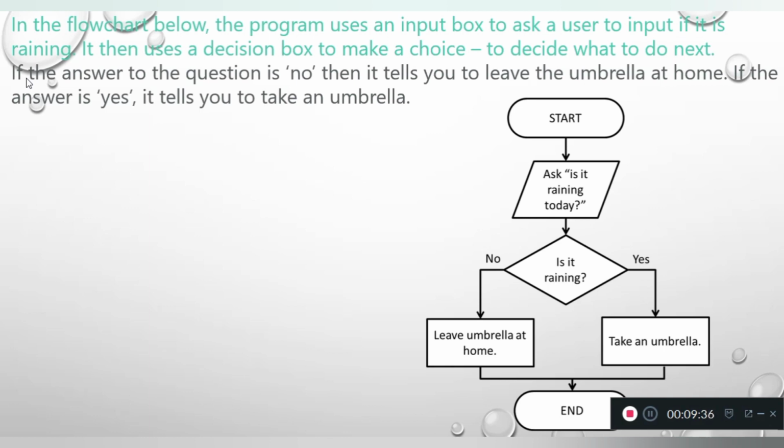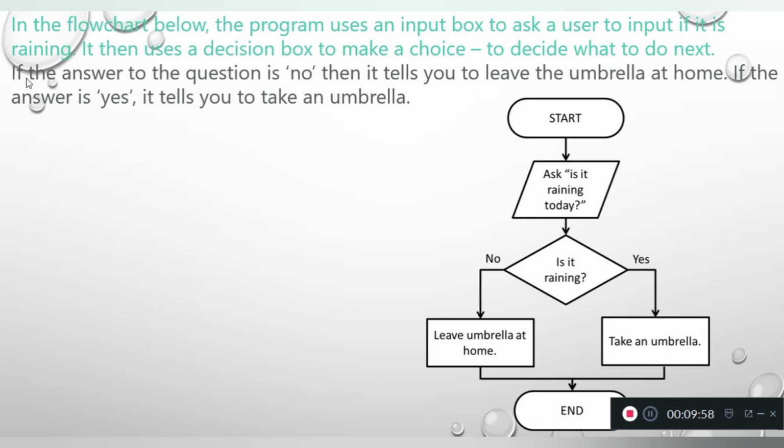Now it can be processed in a diamond box as, is it raining. Now there are two different situations. The first one is, if there will be rain, take an umbrella.